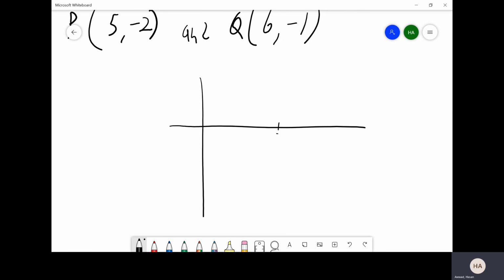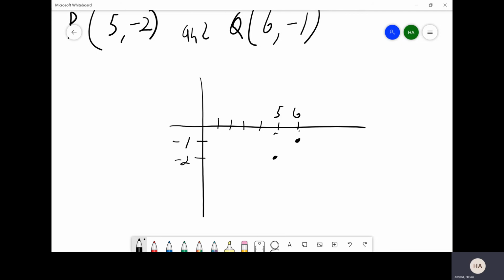So let's just say this is 5, and then this is 6, so 1, 2, 3, 4, 5, 6, great. Okay, and then we have -1, -2. So 5, -2, and I'm actually going to write these above here, 5 and 6. 5, -2 is going to be right over here, and 6, -1 is going to be right over here.